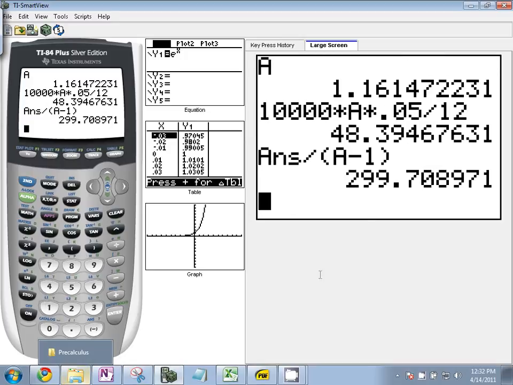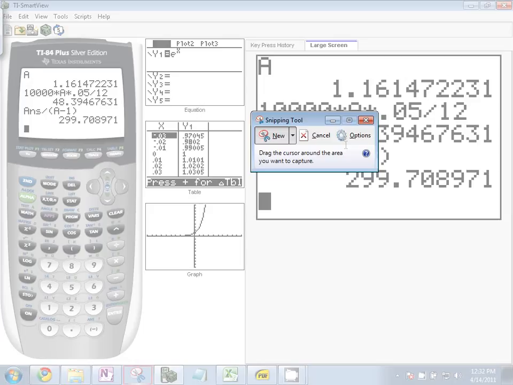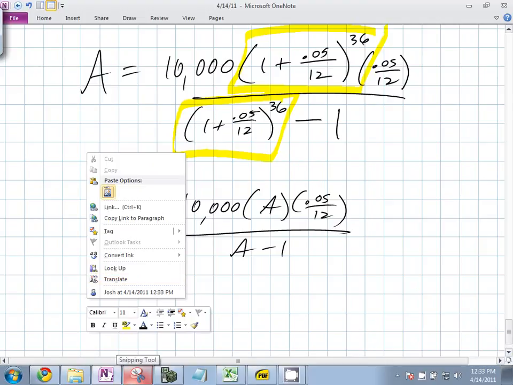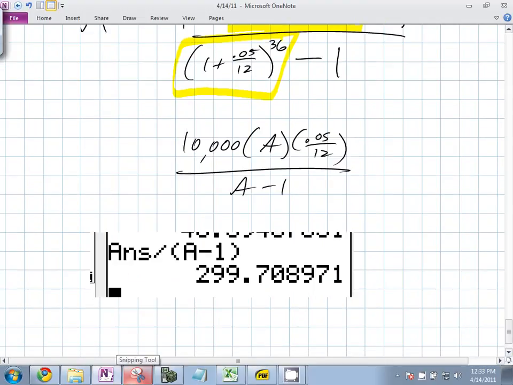Look at that. What does that tell us? So if you wanted to buy a $10,000 car and pay it off in 3 years, what's your monthly payment going to be if the interest rate was 5%? About $300. Is that a realistic type of answer?